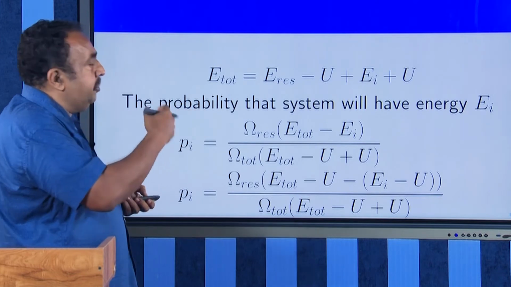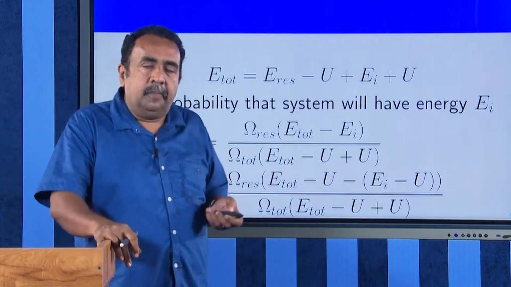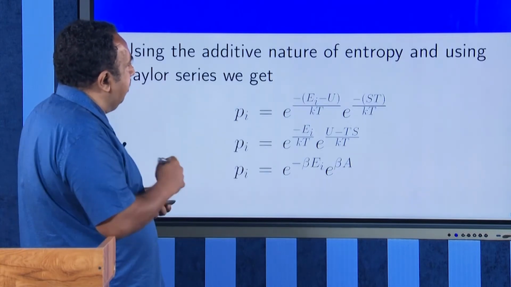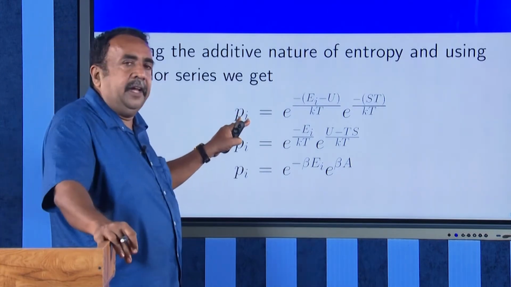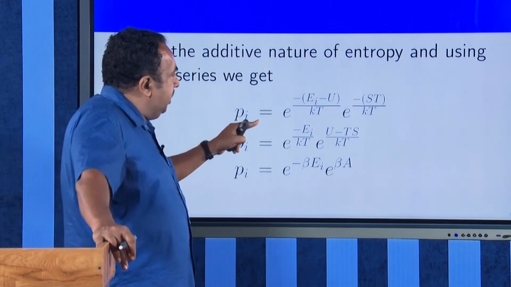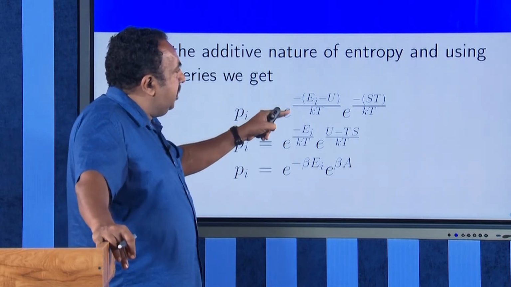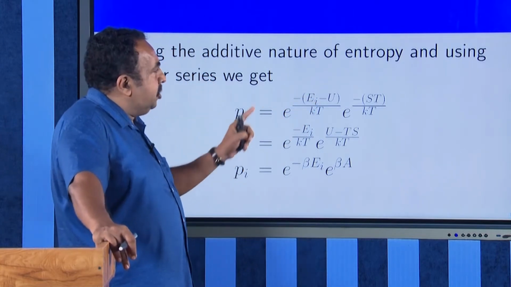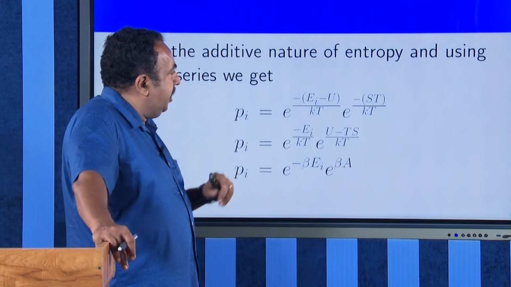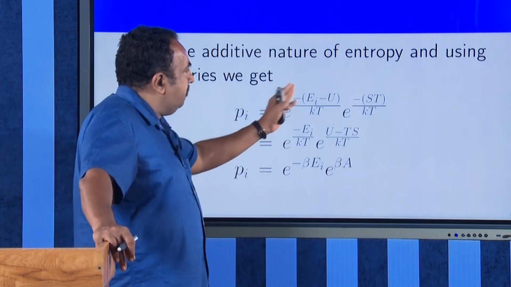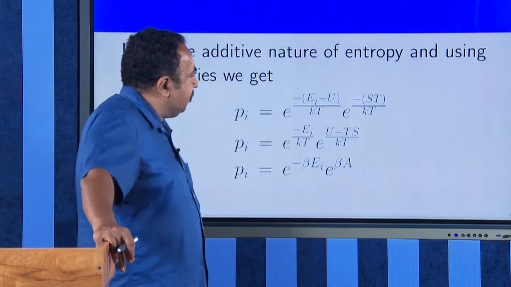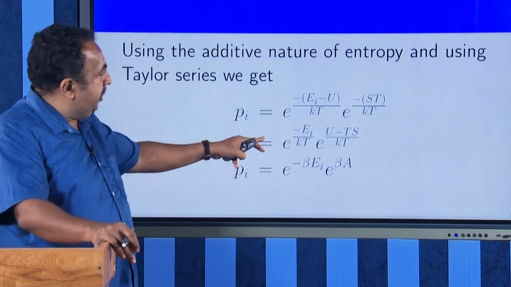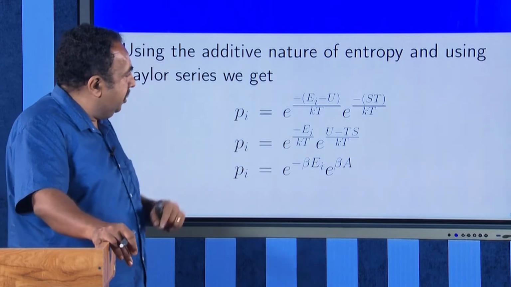Then I will use the concept of probability, and by using it and rearranging, I can arrive at the equation: Pi is equal to e raised to minus (EI minus U) divided by kT, times e raised to minus S divided by k. The minus U you can take to the other side. Therefore, my equation becomes e raised to minus EI by kT, times e raised to (U minus TS) divided by kT.